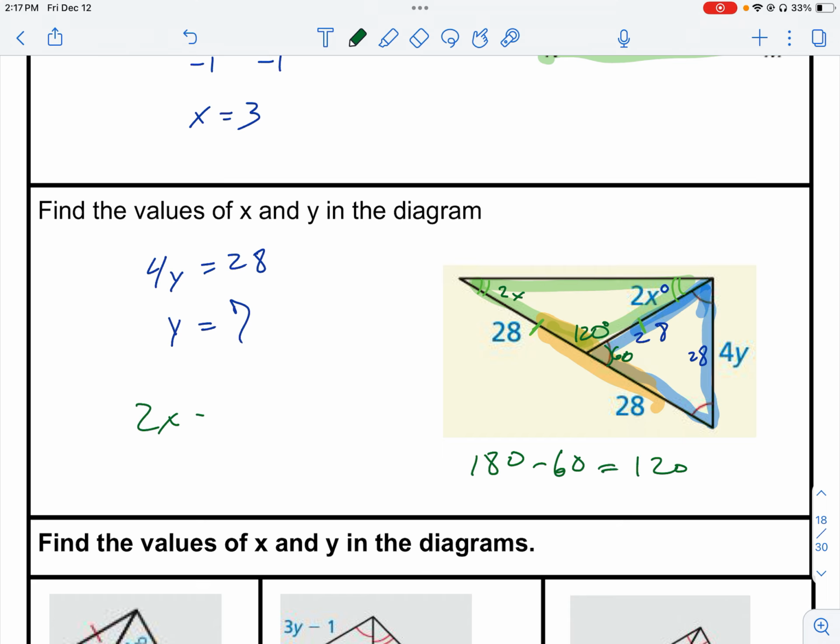So 2x is going to equal 30, or we could say that 4x equals 60. Both get us to the same spot where x equals 15. Whatever you're most comfortable with. We could also say that 2x and 2x are going to equal 60 because it's an exterior angle of our triangle. Any rules that apply will always apply.